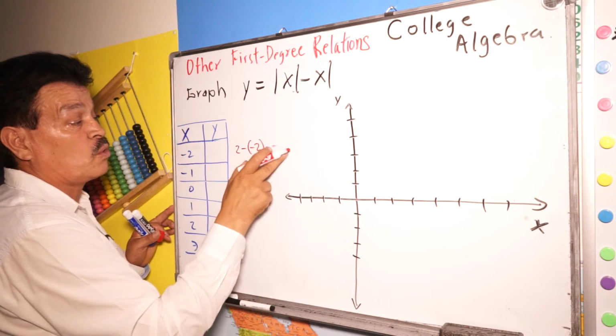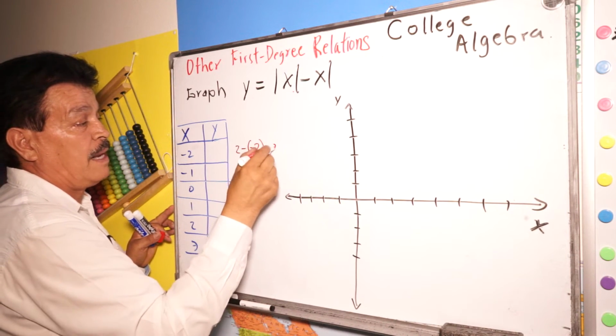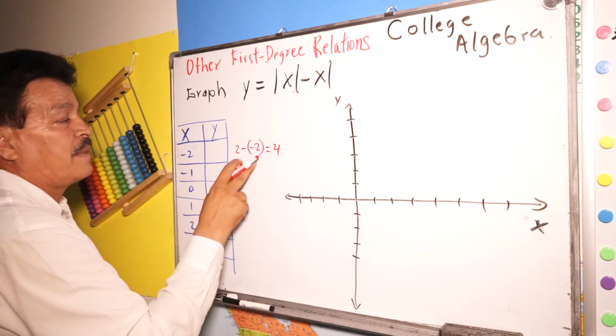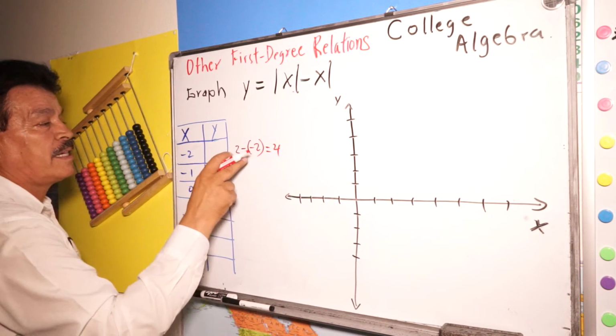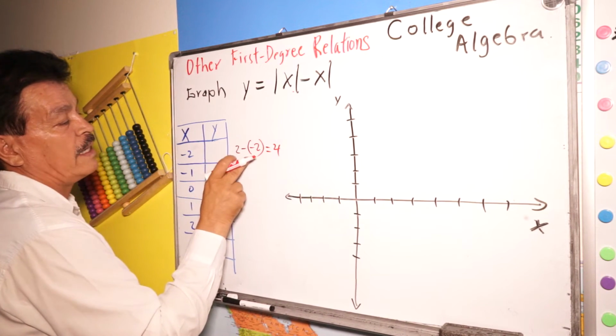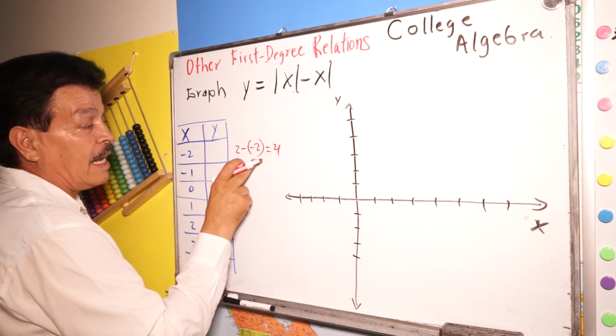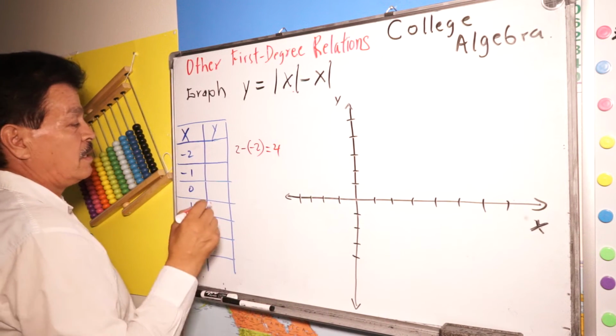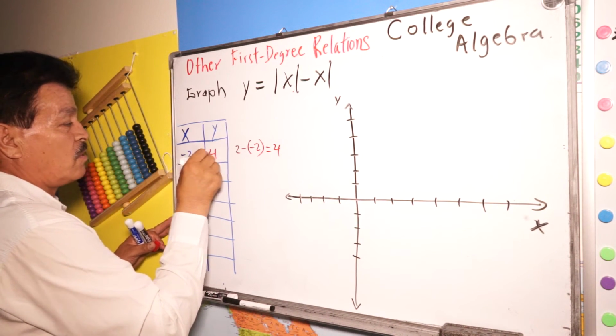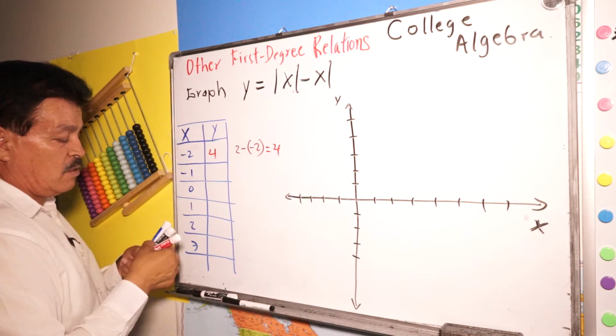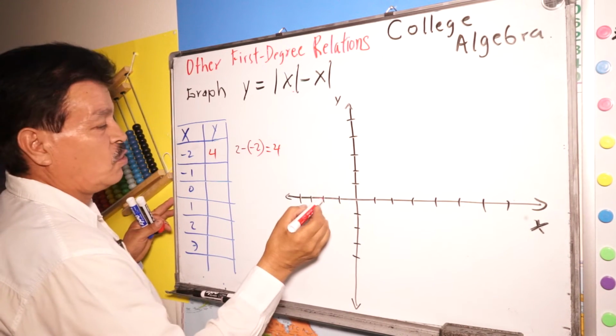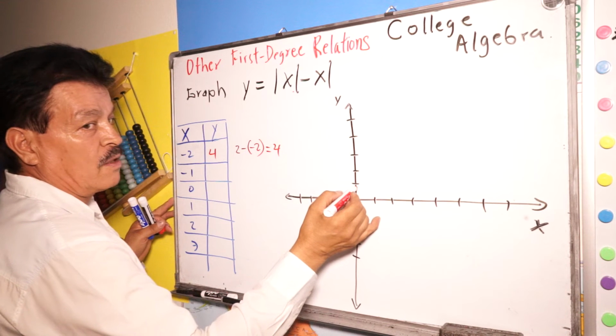When you subtract a negative number, it changes to positive, so 2 minus negative 2 equals 4, right? So here is 4. Let's write negative 2 and 4.